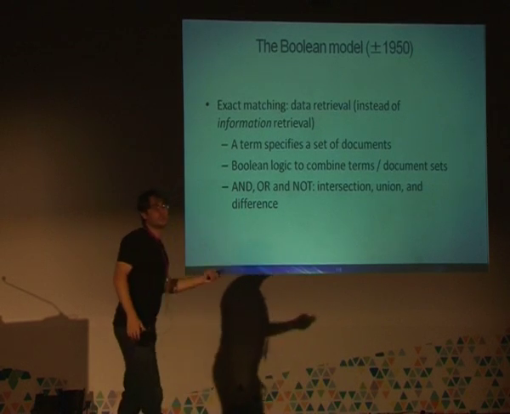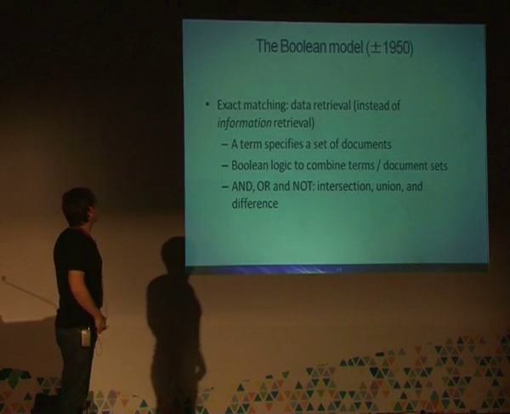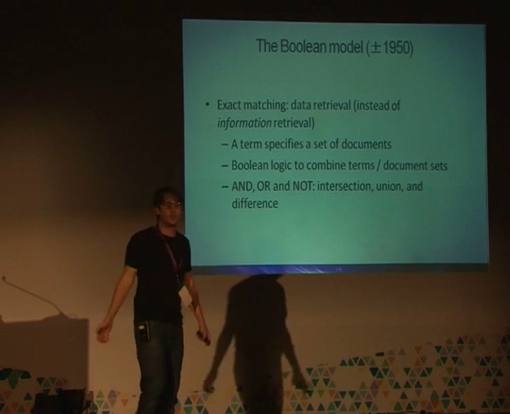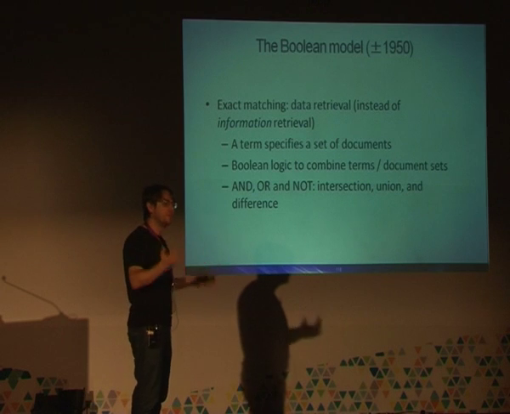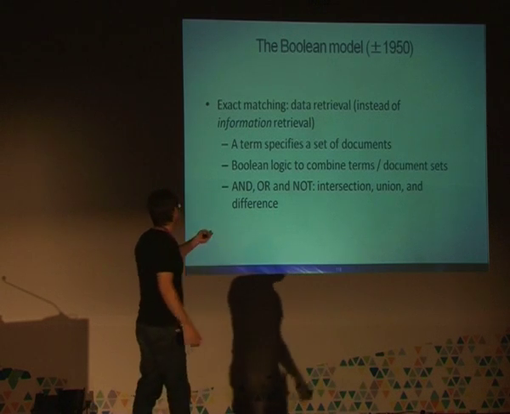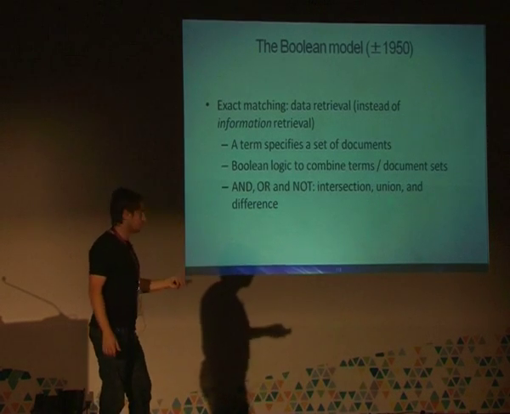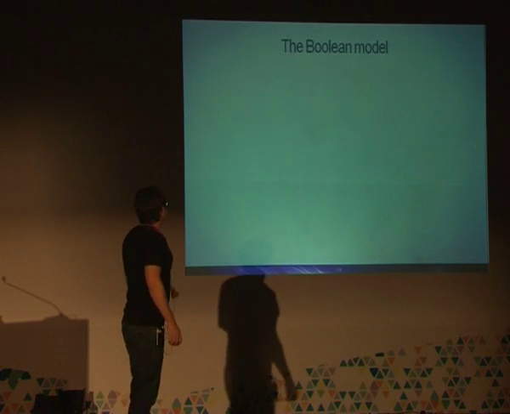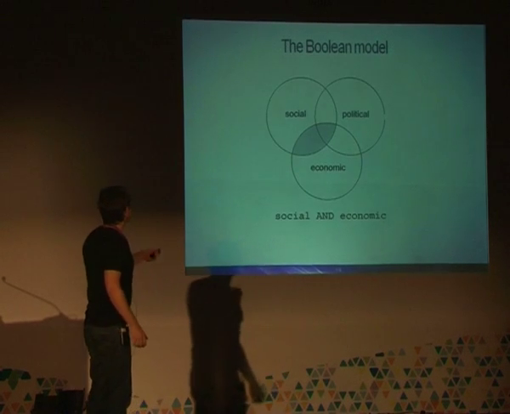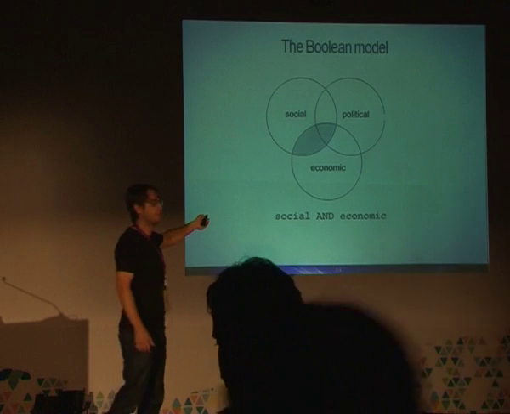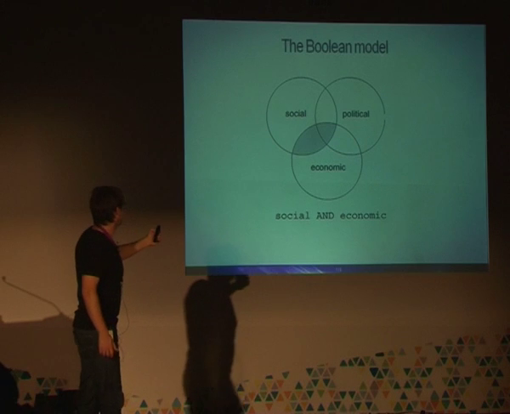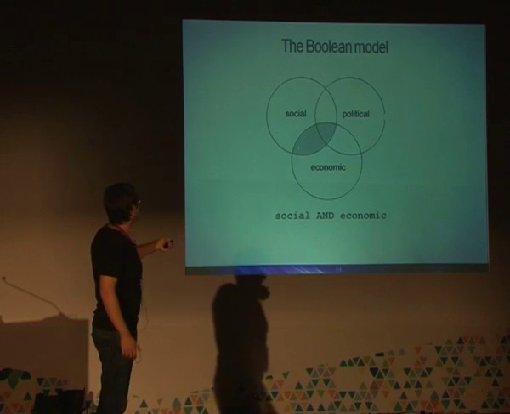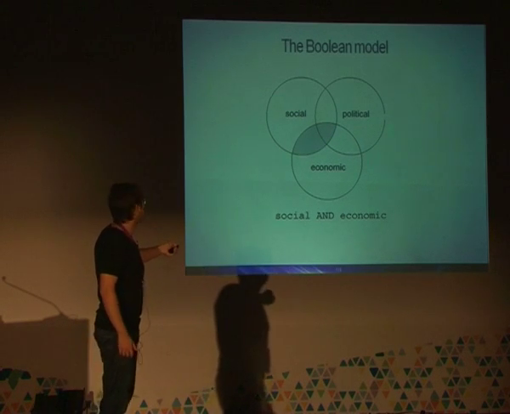A Boolean model, we've seen that before, right? Essentially, you know how you want to build your query. You want this term, you don't want this term, and you want maybe one of these two terms. So you do AND, OR and NOT: intersection, union, and difference of sets. Say you have three words: social, political, economic. These are Venn diagrams. If you want social and economic, then these are the documents that are going to match your query.